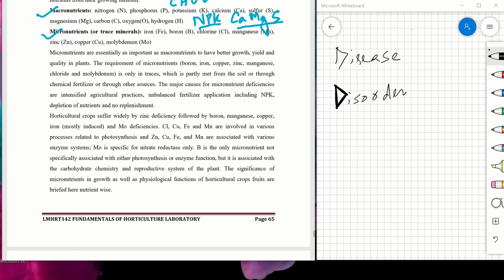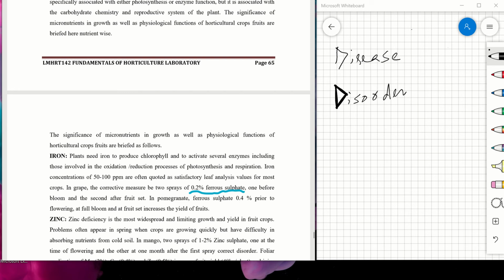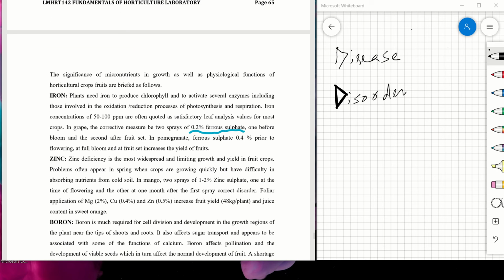That in turn deteriorates the health of the soil. The plants require only that much quantity of fertilizers or micronutrients according to their need. If you apply more, there is no advantage. So you can go through all this literature, you can see the different functions given here, iron and all these things.